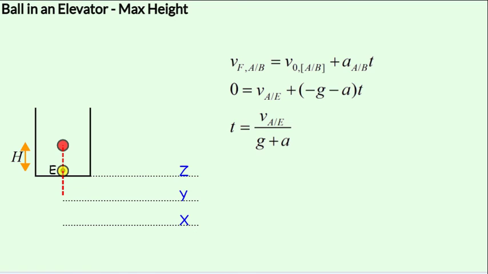The acceleration of A with respect to B or A with respect to E would be minus G minus A. So in this case, the final relative velocity is 0, and we get the time as VA with respect to E over G plus A. It is interesting that the ball will reach its maximum height in exactly half the total time of flight. And if you recollect, the total time of flight was 2 times VA with respect to E over G plus A.